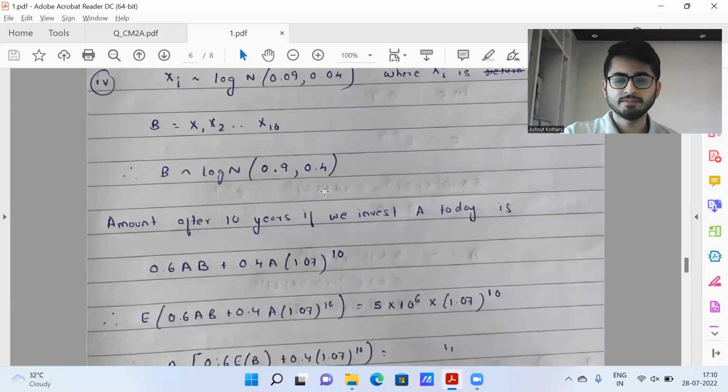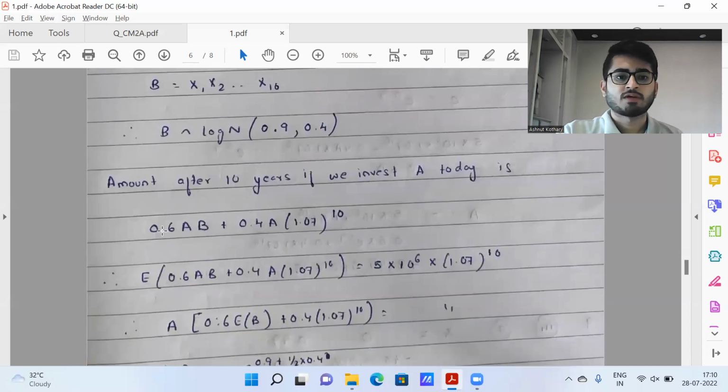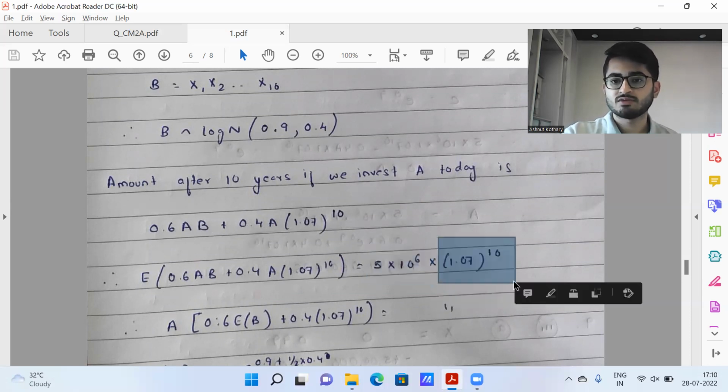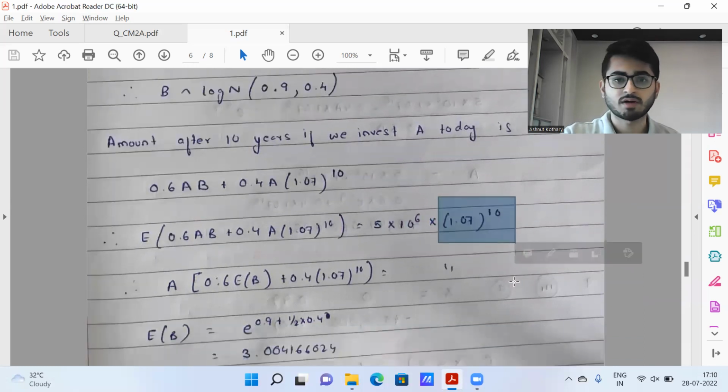Let's say we are investing A. 60% we're investing in equities, so 0.6A is the amount invested in equity, times B, the growth factor, plus 0.4A invested in fixed deposit times 1.07 to the power 10. Now the expectation of this should be nothing but this 50 lakh, which I have multiplied with a factor of 1.07 to the power 10 to adjust for inflation, because we need the same purchasing power.